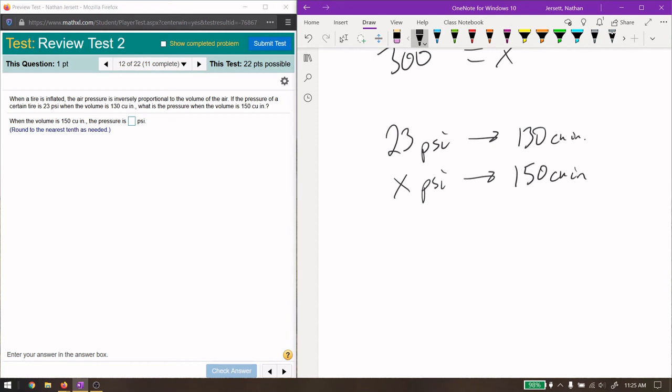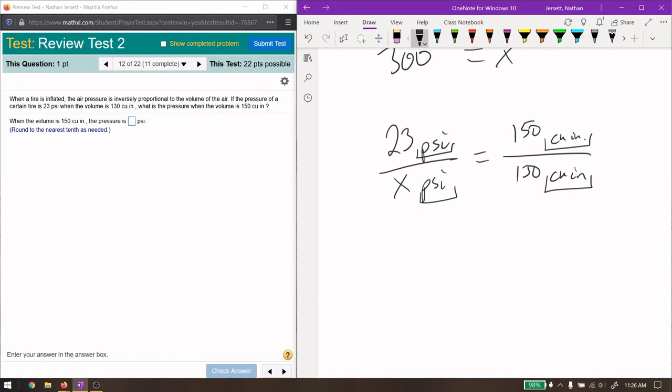To find this, all we have to do is flip one of the sides, 150, 130, and now you see that we have an inverse variation here. Okay. Probably the most important thing, well, besides the flip, is that you have the same units on each side of the equation.